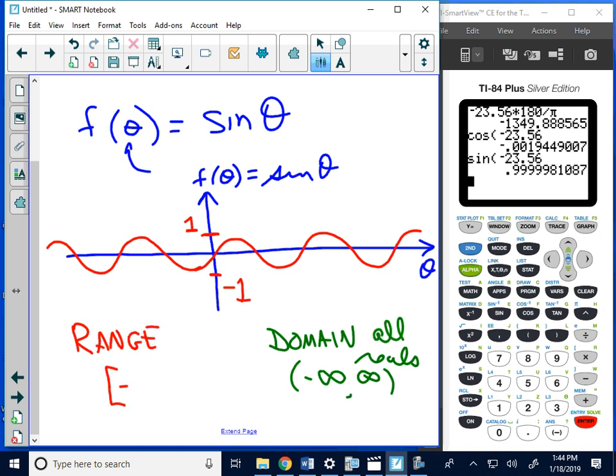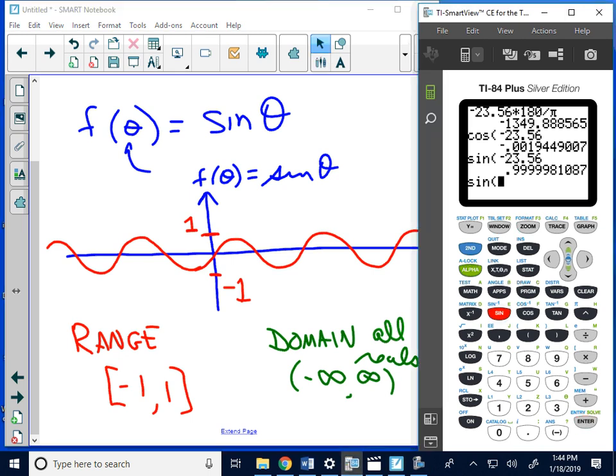Good, good. Okay, so all the numbers between 1 and -1. Occasionally you will get up to 1, right? So if I put in what is the sine of, and I happen to put in the number 100.5 pi, I throw that in there, 100.5 pi's, it comes out to be 1.